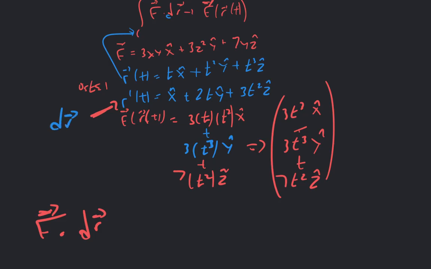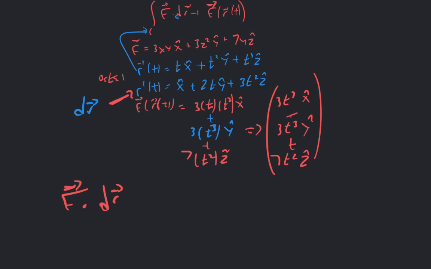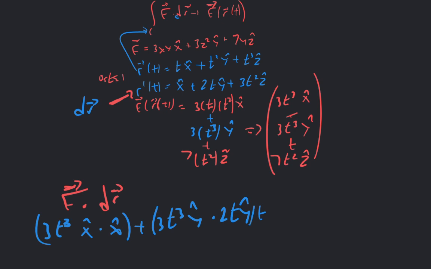So now when we do F dot dr, we have 3t cubed x unit dot x unit plus 3t cubed y unit dot 2t y unit plus 7t squared z unit dot 3t squared z unit.